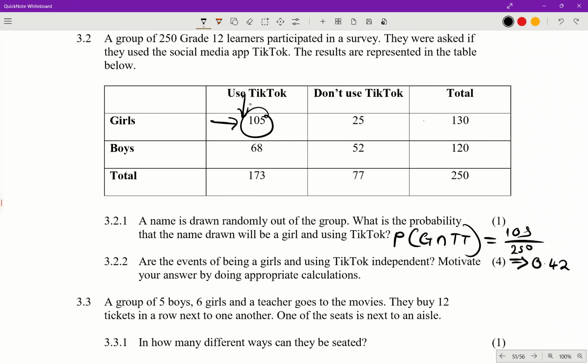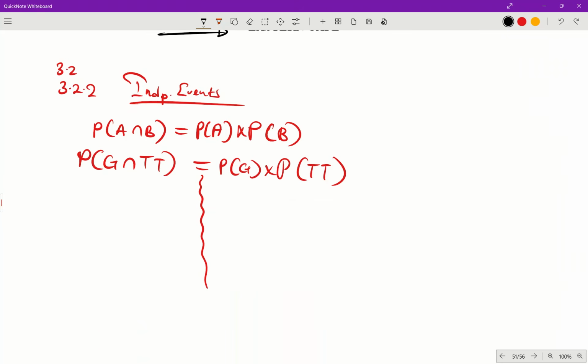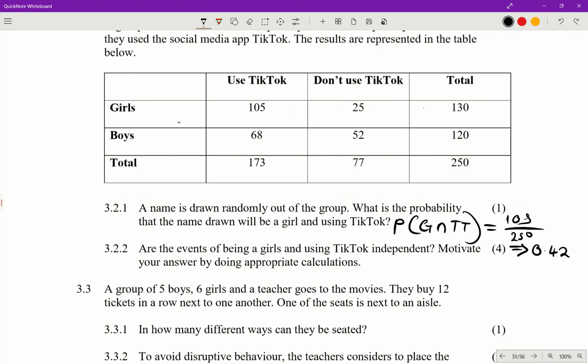That's the intersection. You see, that's 105 divided by the overall, which is 250. So 105 divided by 250, the answer was 0.42 there, so this is 0.42. Now let's find the probability of girls. The favorable outcome is 130 divided by 250, and using TikTok is 173 divided by 250.